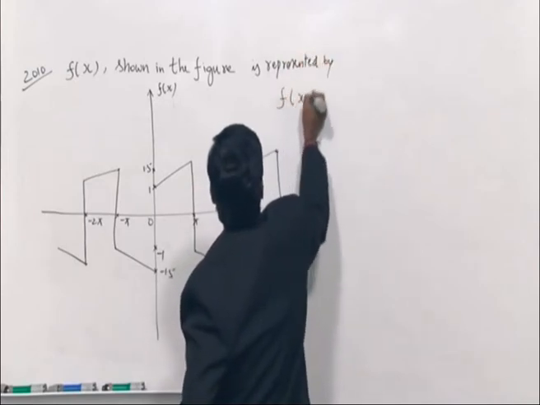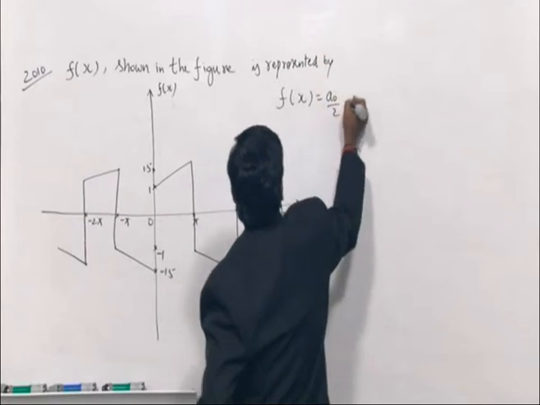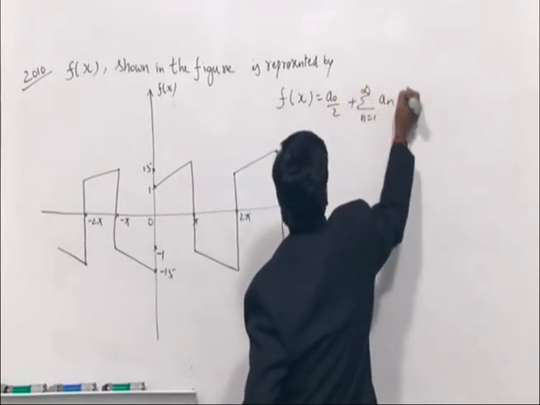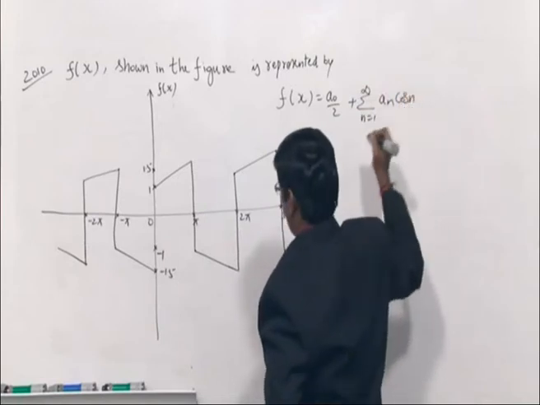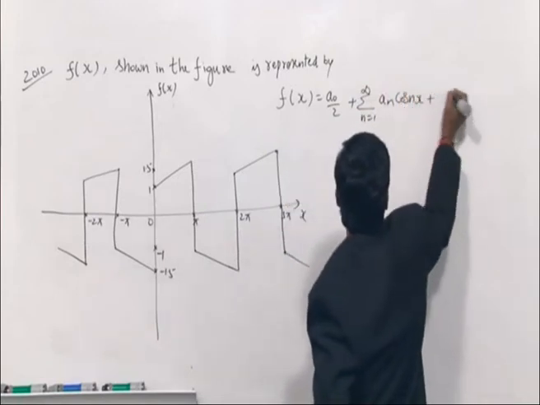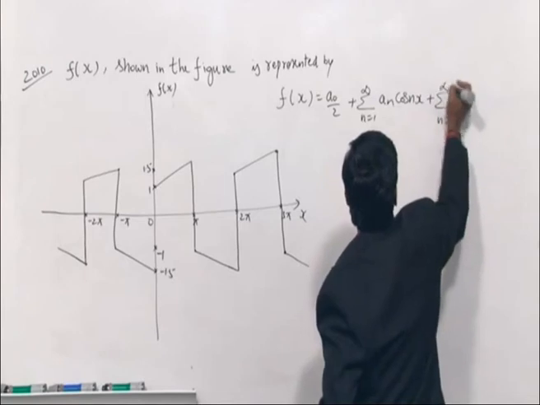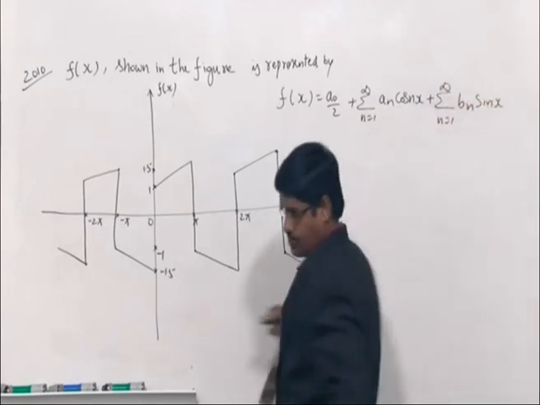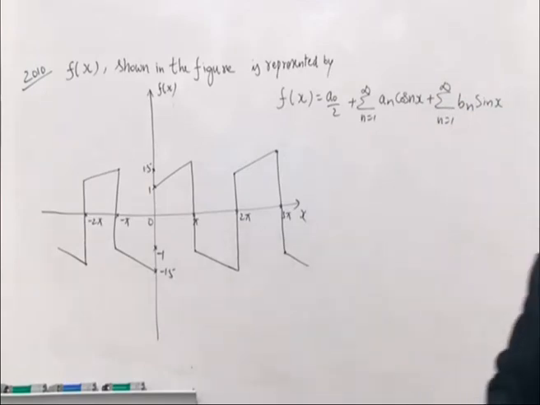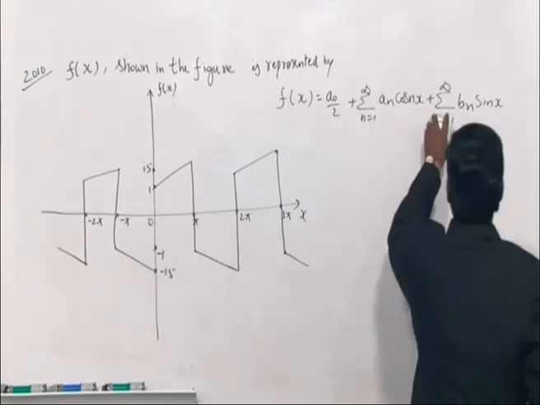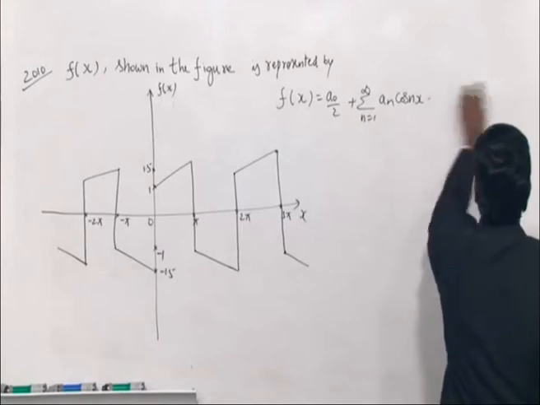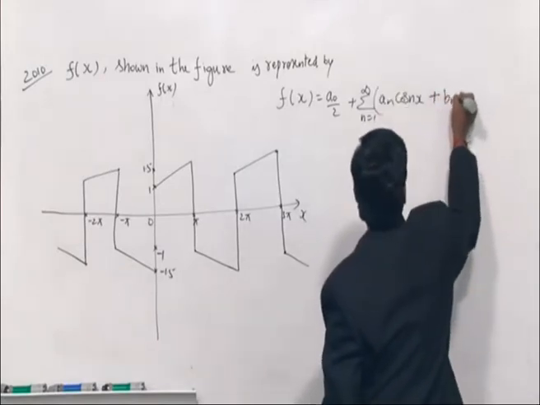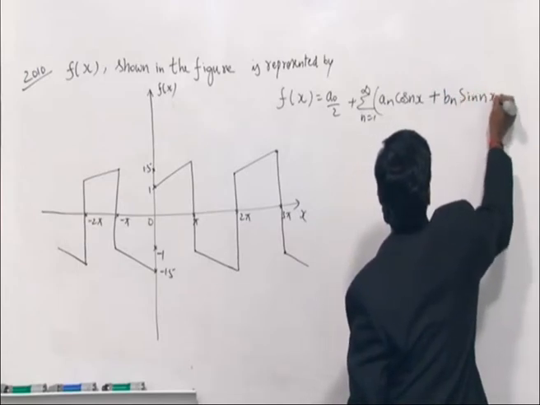f of x is equal to a naught by 2 plus summation n is equal to 1 to infinity a n cos nx plus summation n is equal to 1 to infinity b n sin nx. Or you can write keeping both terms under one summation, a n cos nx plus b n sin nx.